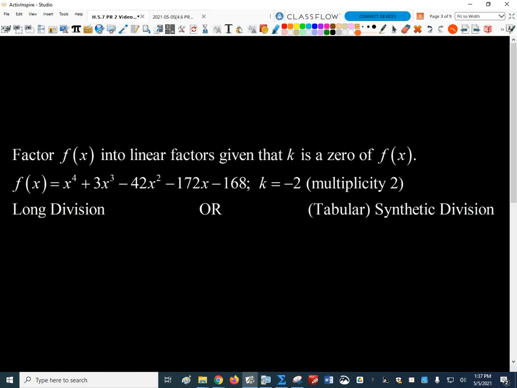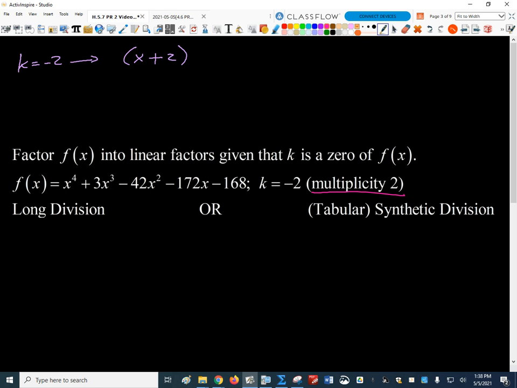So that's telling us that x minus -2, or x plus 2, is a factor, right? Okay, what about the fact that the multiplicity is 2? What's that telling us about that factor?